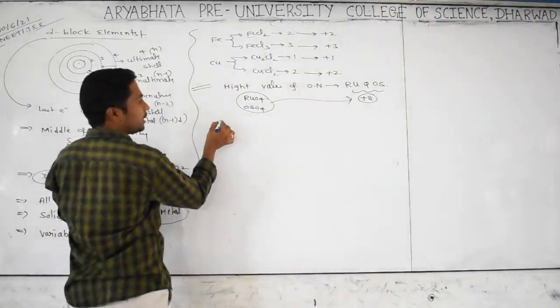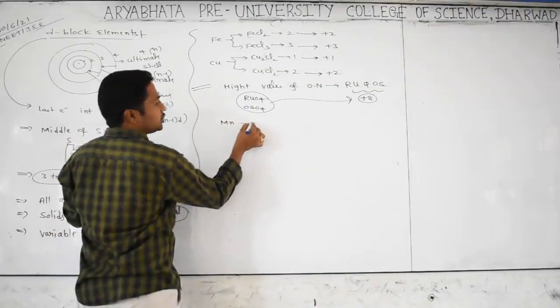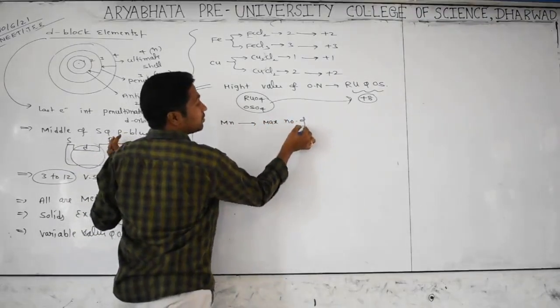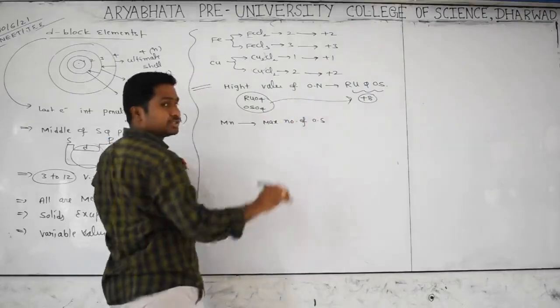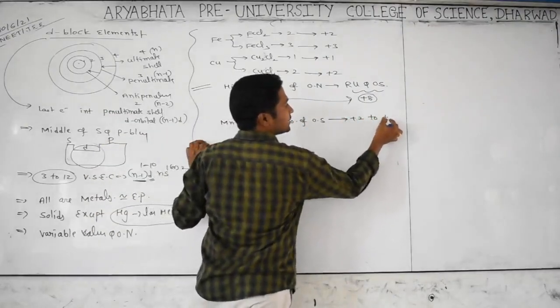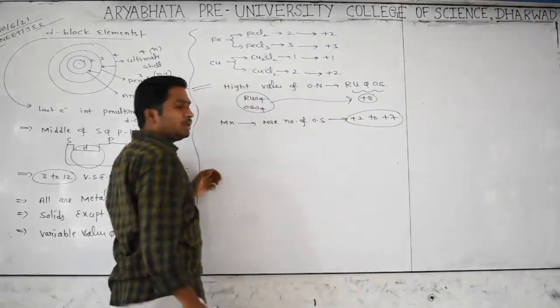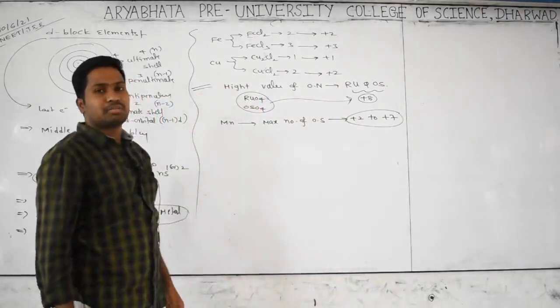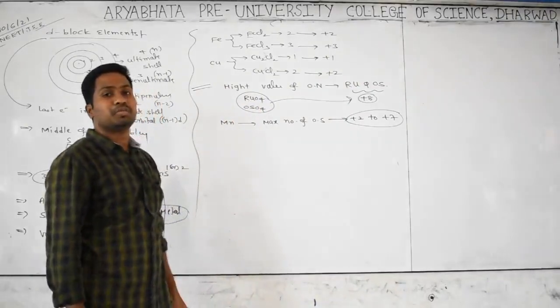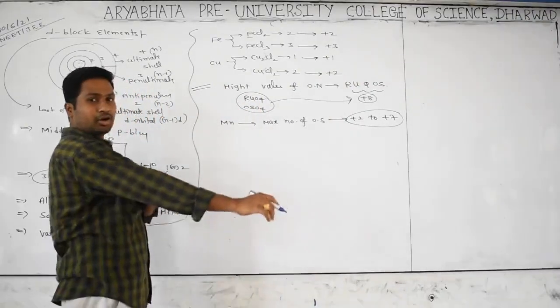And one more point: manganese shows the maximum number of oxidation states. Do you know what that is? +2 to +7. This is important. The maximum number of oxidation states is shown by manganese, but the highest oxidation number is shown by ruthenium and osmium.